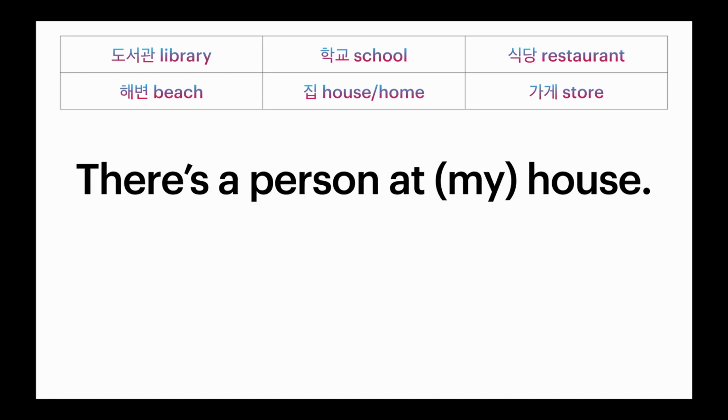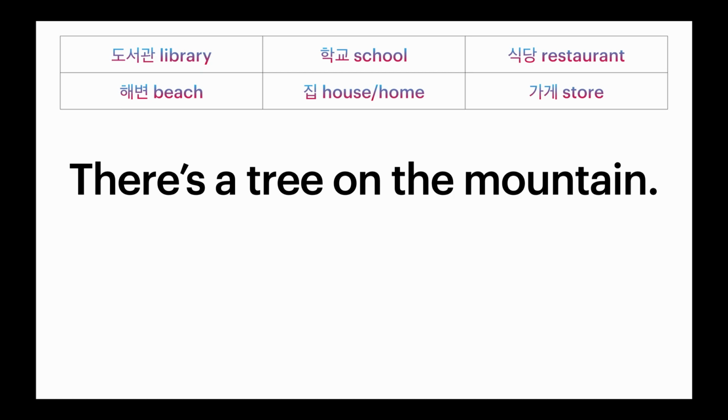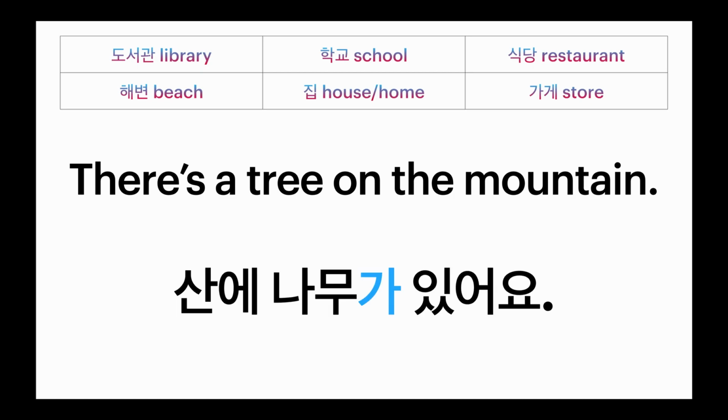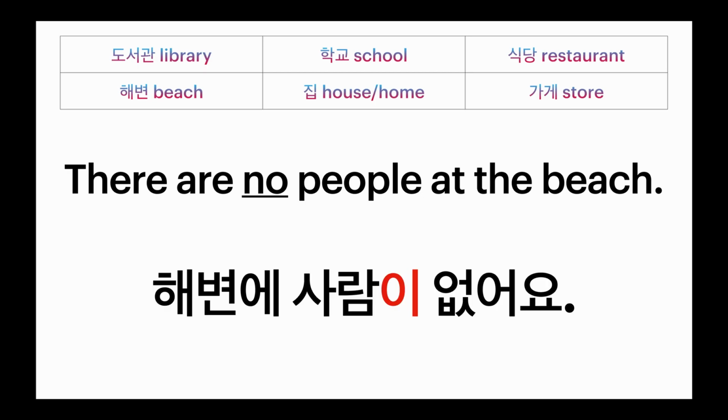There's a person at my house. 집에 사람이 있어요. There's a tree on the mountain. 산에 나무가 있어요. There are no people at the beach. 해변에 사람이 없어요.